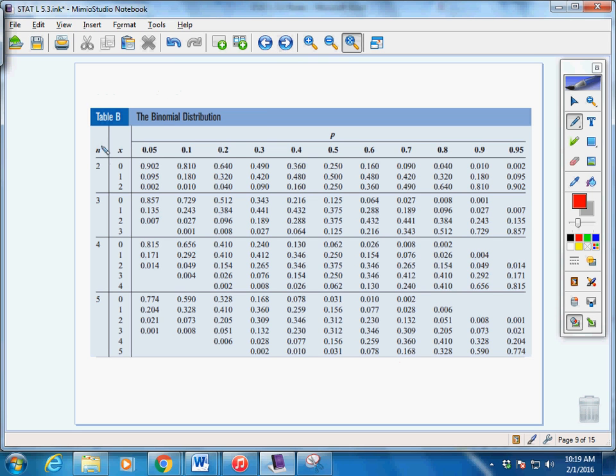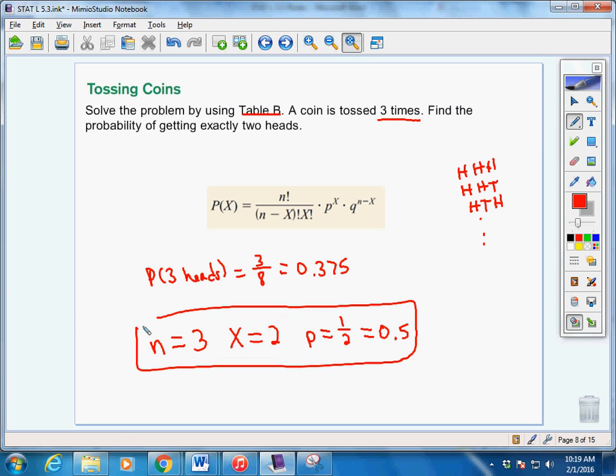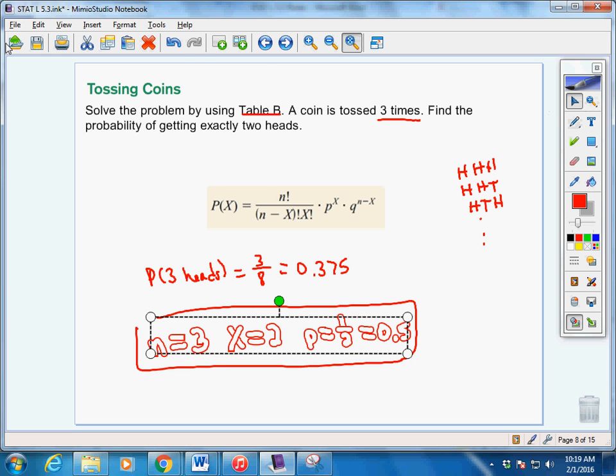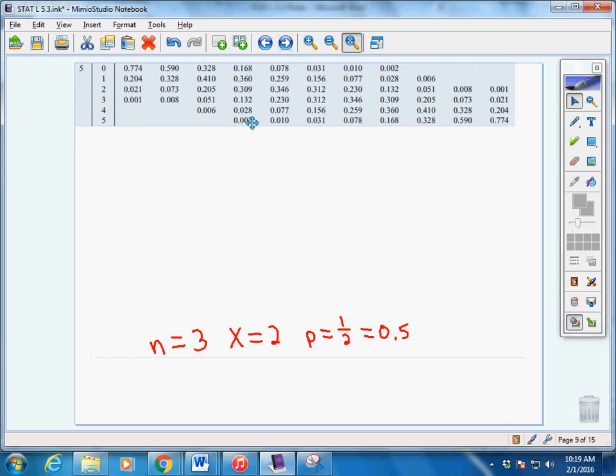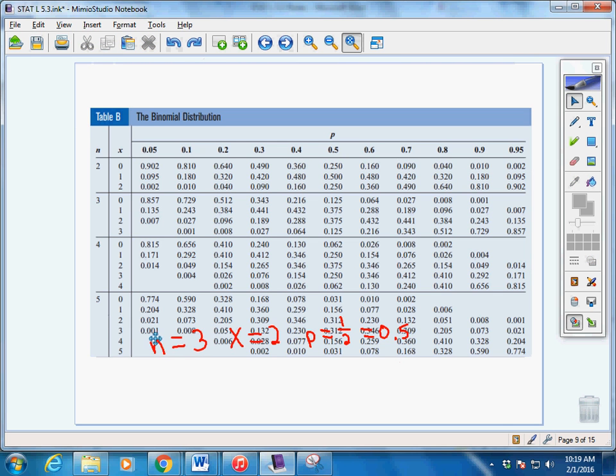Notice, this is the binomial distribution table, and this is just a small portion of it. We have our n right here. Let me just write it.